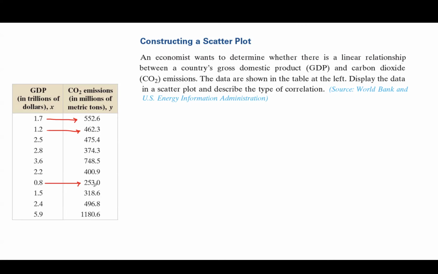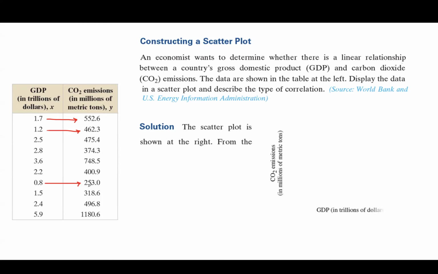millions of metric tons. So let us try to visualize this. We have our X values that we're going to locate on the X-axis, and for the vertical axis, we're going to use CO2 emissions. Very good.